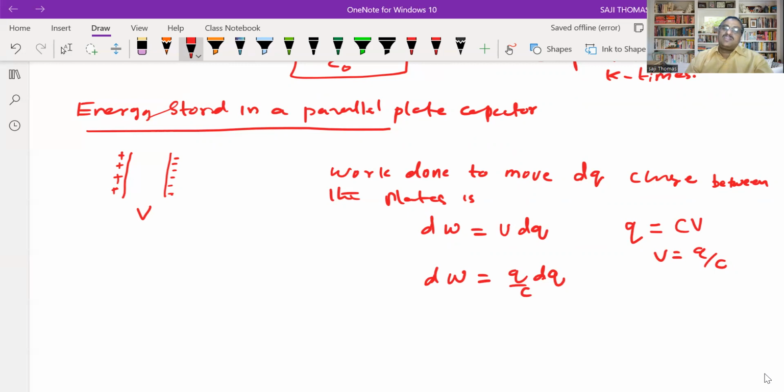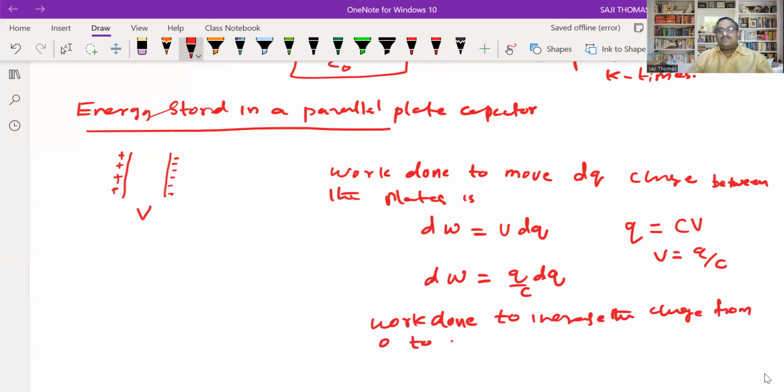So what will be the work done to move a charge Q between the plates? You have to integrate it. So work done to increase the charge from 0 to Q coulomb. How will you find out total work done?